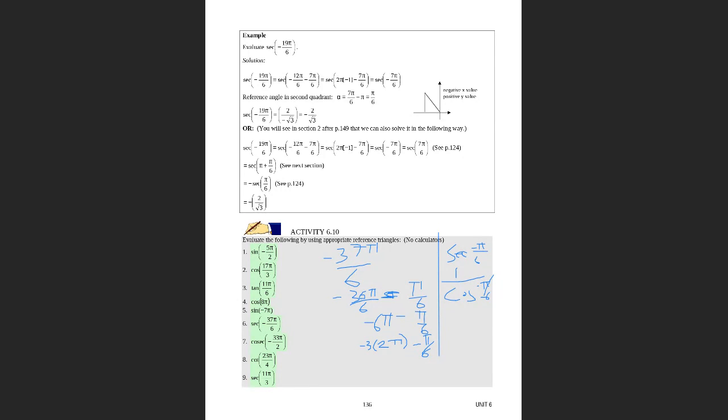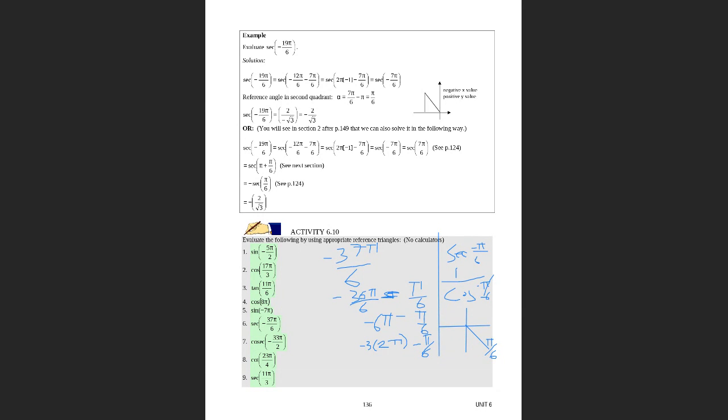But let's not forget that when you draw the CAST, cos is positive in the fourth quadrant. So you are going to get a positive answer. Okay.